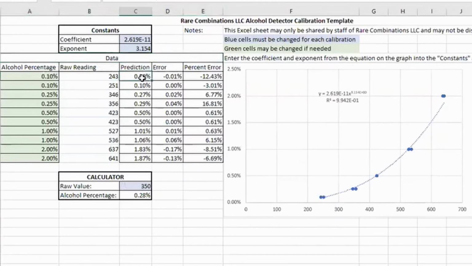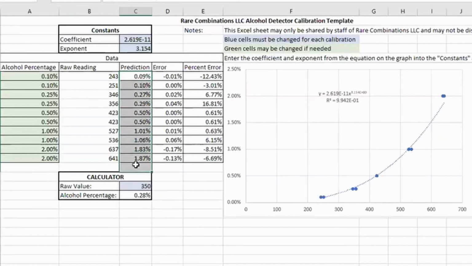So the prediction is taking your raw reading that you got when you read your detector, plugging it into the equation of this line, and then giving you what this line would have predicted. So in this case, if you had already built this calibration curve and you got 243, then your prediction would be 0.09%.